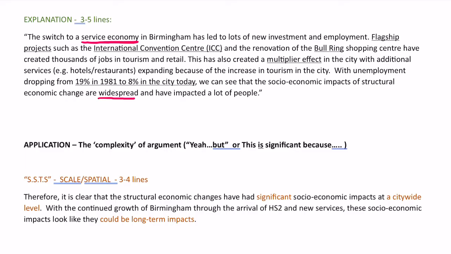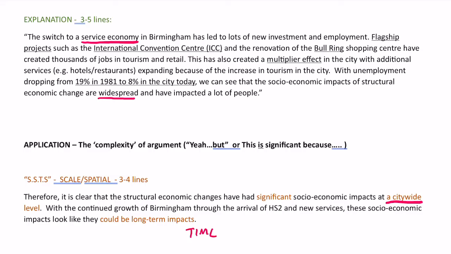I've said that this is a significant socio-economic impact because it's citywide, and then I've even expanded a bit to say that because the city is going to grow with new investments like HS2, it looks like these positive impacts are going to be long-term impacts.